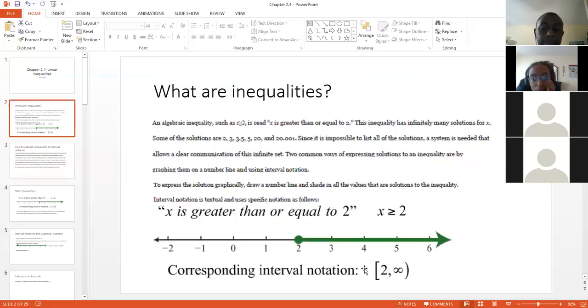Infinity is not a real number, so you can't put a bracket. It has to be a parenthesis. All the time if you have infinity, it's a parenthesis next to it. Okay, so in this example, we had x is greater than or equal to 2.